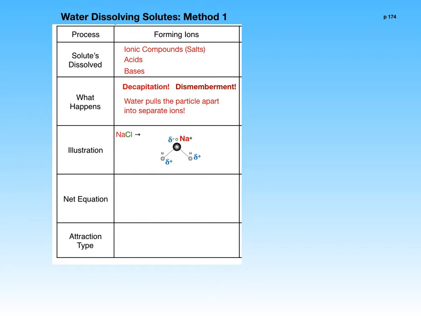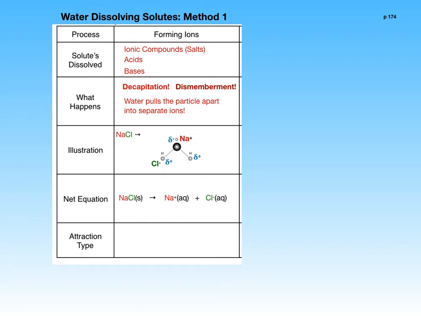The polar positive side of the water molecule, the hydrogen side, goes after the anions and starts pulling the chloride ions away from the crystal lattice of the salt. So the net ionic equation is that you start off with NaCl in the solid phase, dump it into water, and water dismembers or decapitates those ionic particles into individual ions.